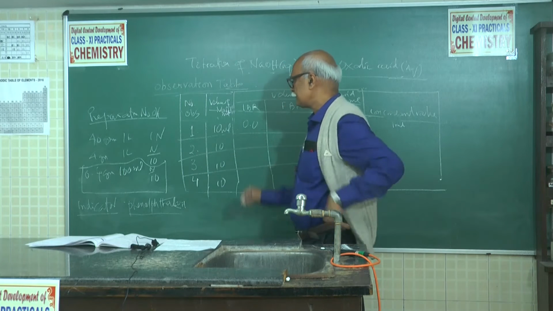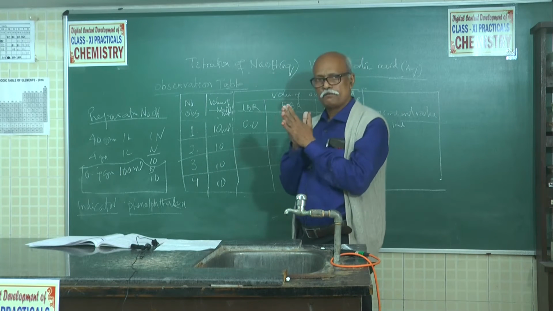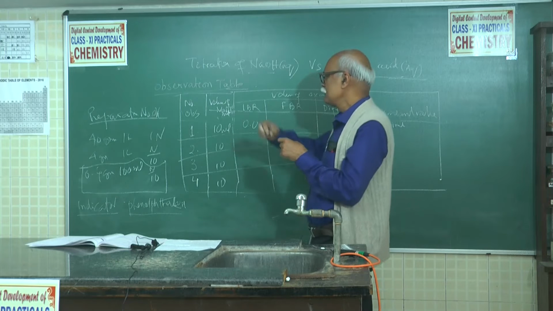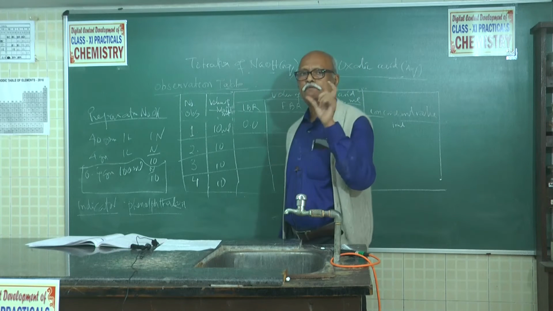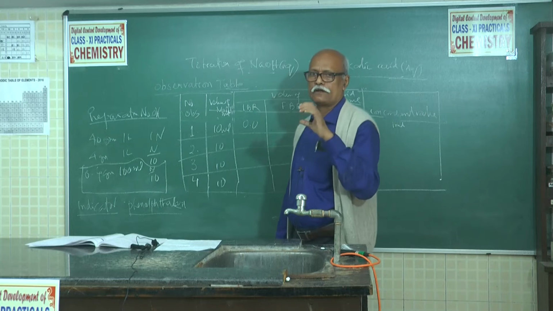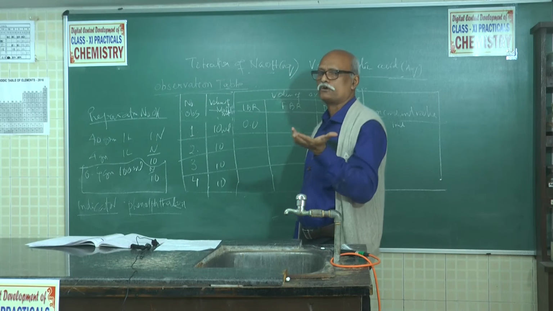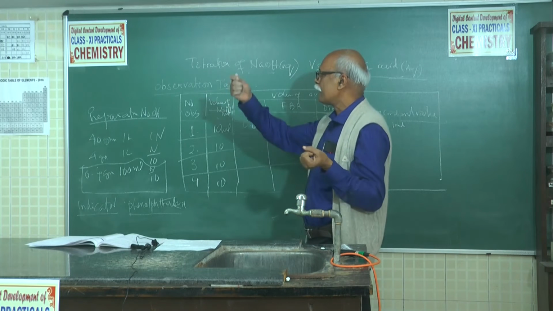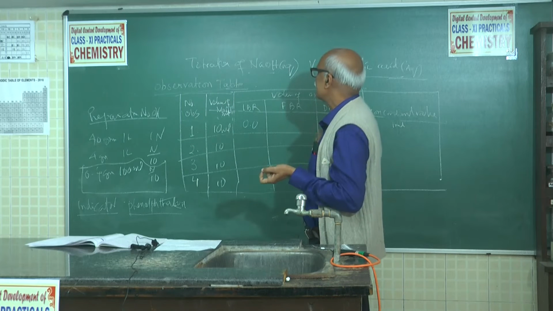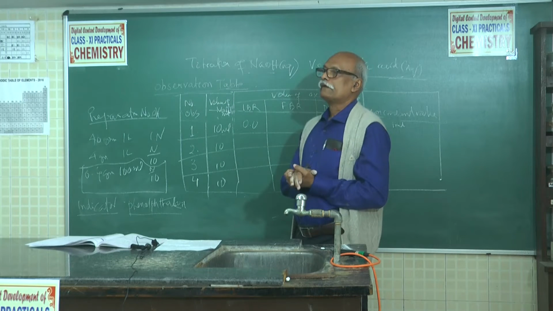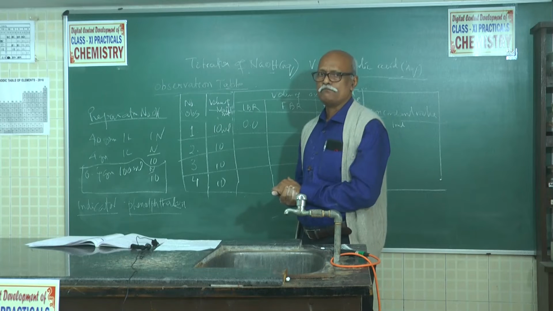You take 10 milliliter of the prepared sodium hydroxide, to which you add a single drop of phenolphthalein. The alkaline color is pink, so the solution turns totally pink. Then add the solution of oxalic acid dropwise from the titrant kept in the burette.